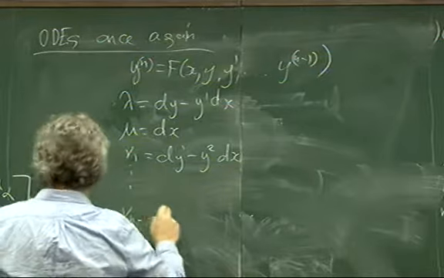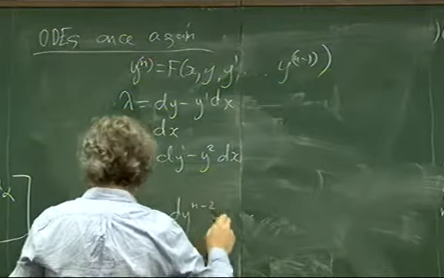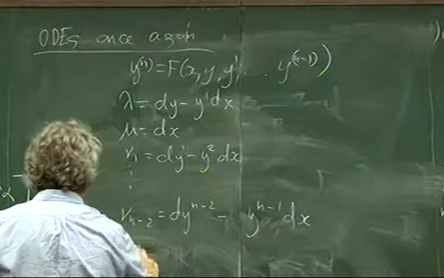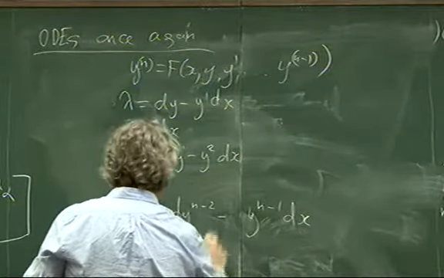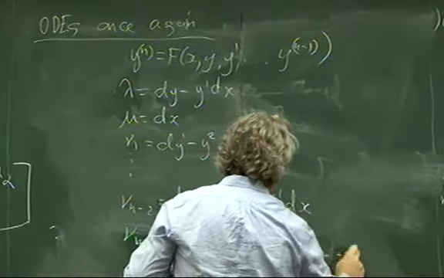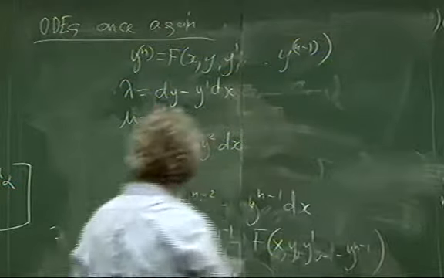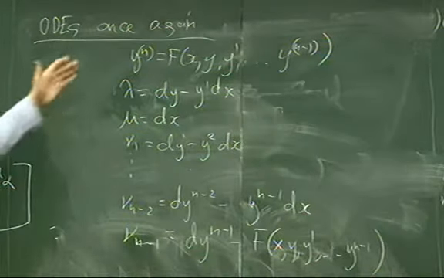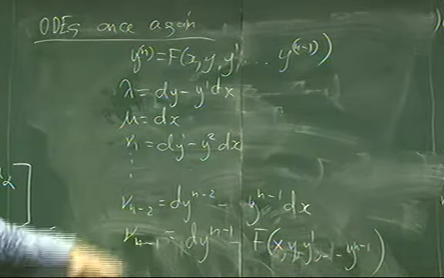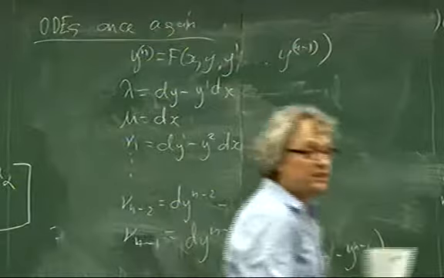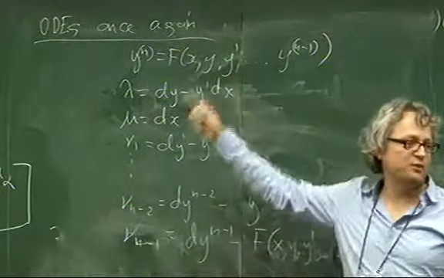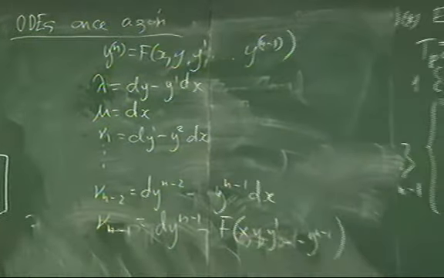Nu n minus 2 as dy n minus 2 minus y n minus 1 dx. And finally, nu n minus 1 by dy n minus 1 minus f of x, y, y1, up to y n minus 1 dx. Okay? So given an equation, I define my forms lambda, mu, nu1 up to nu n minus 1 in this way. And now I say that this gives me a para-CR structure because I just consider the entire class generated by these forms, like here. Okay?